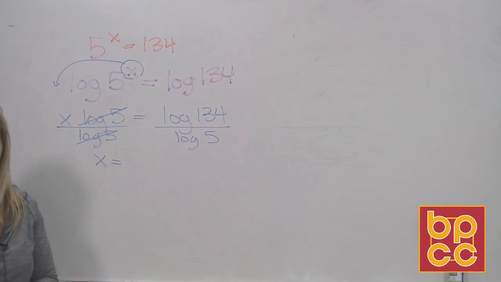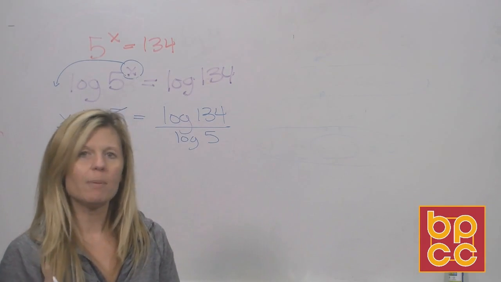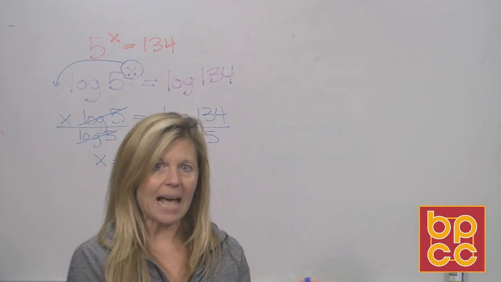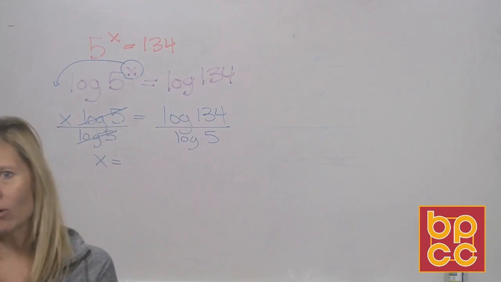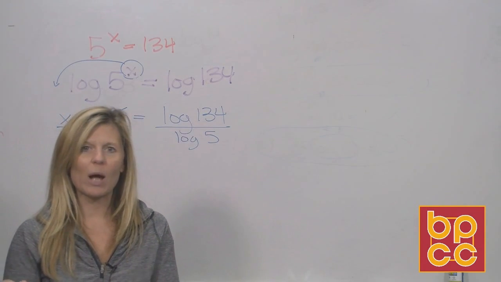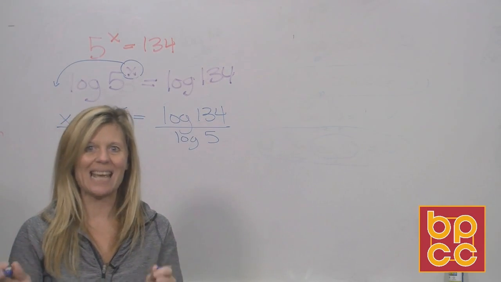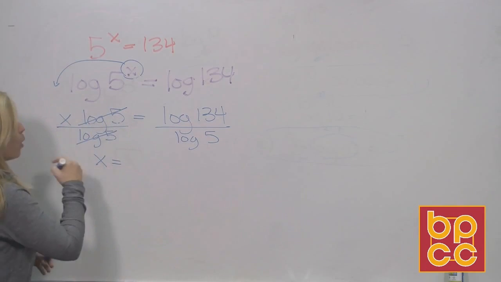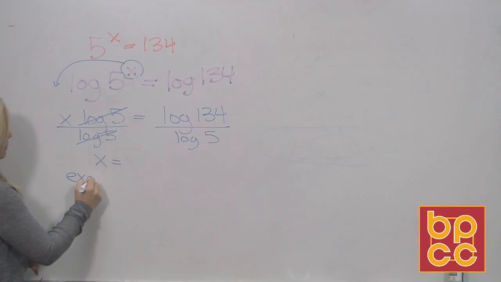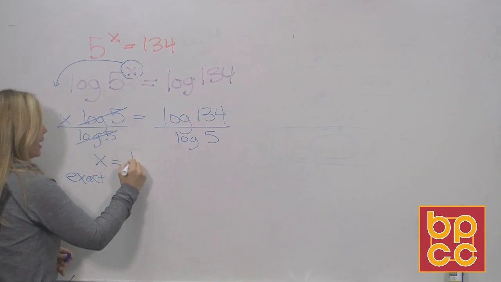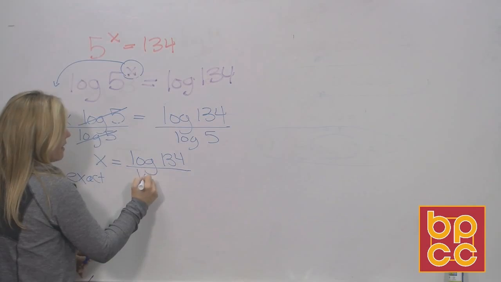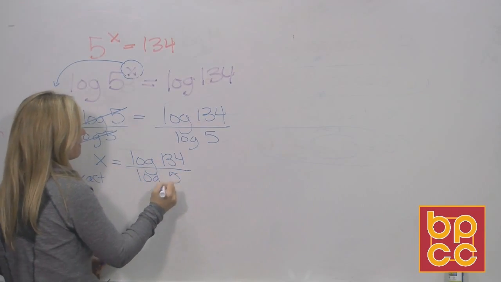Now, it's very important you understand this. You're going to be asked normally for two different types of answers. We're going to want the exact answer and then, around it, an approximate answer. The exact answer is when you leave the log words in the answer. So if I said, what is the answer to this equation? The exact answer is what you have here. It's the word log 134 divided by the word log 5.